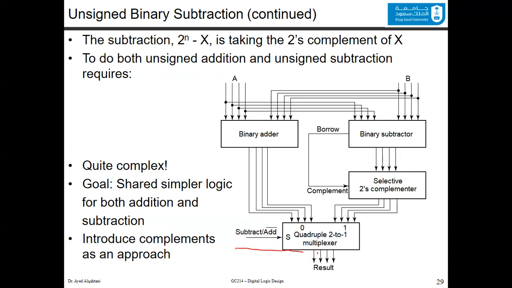Actually, this is what we studied before, which is a multiplexer, where this is the selection line, and it selects between the result of the addition and the result of the subtraction.